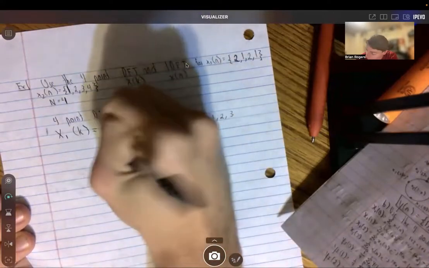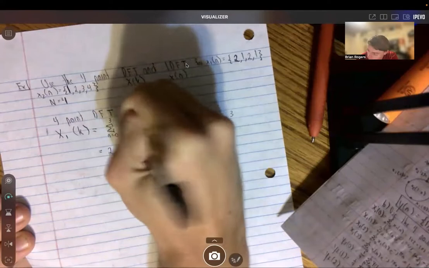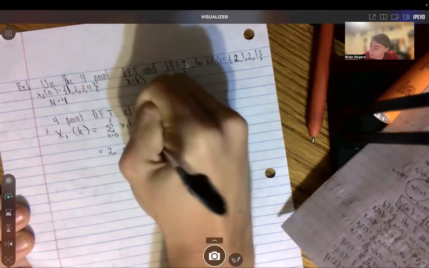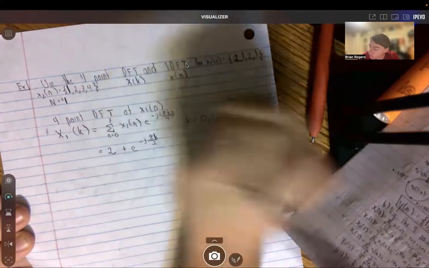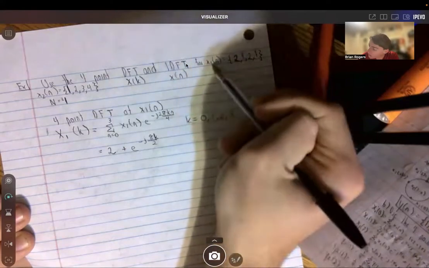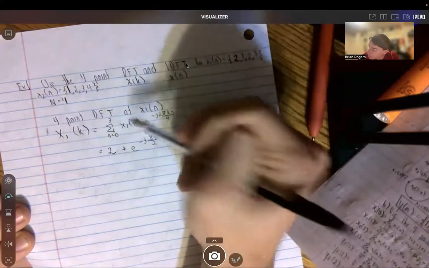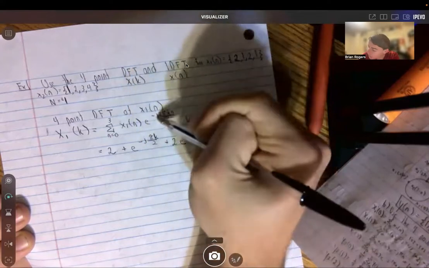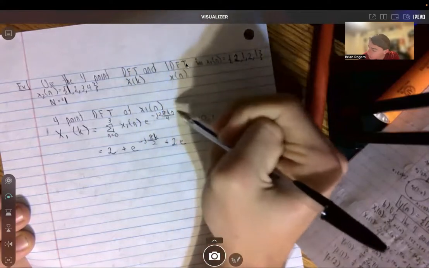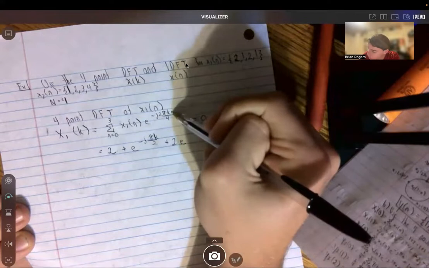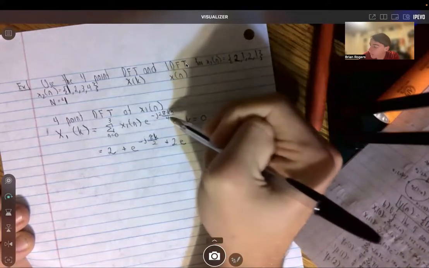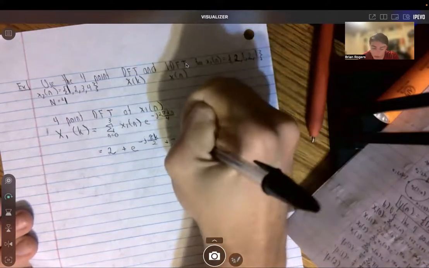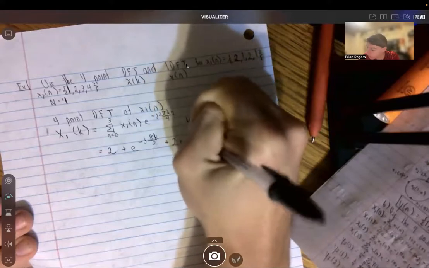Then x1 at position 2 gives plus 2 e to the negative j 2 pi k 2 over 4, which is e to the negative j pi k.